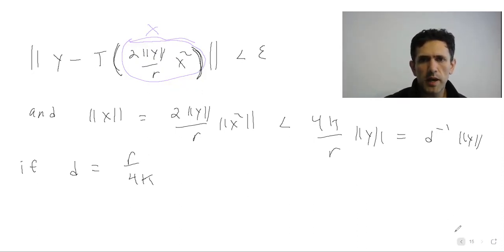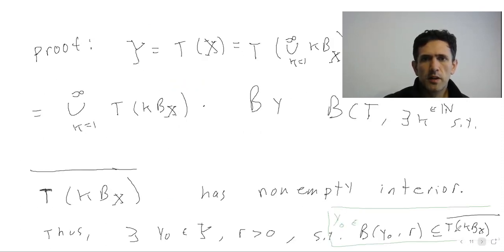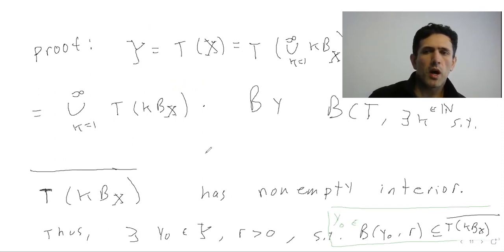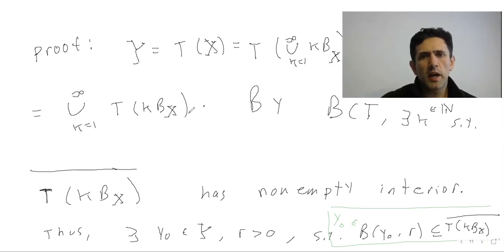What does d depend on? Well, it depends on r and k. What does r depend on? What does k depend on? Well, we're just using the Baire category theorem. So it just depends on my two Banach spaces, X and Y, and T. That's it.